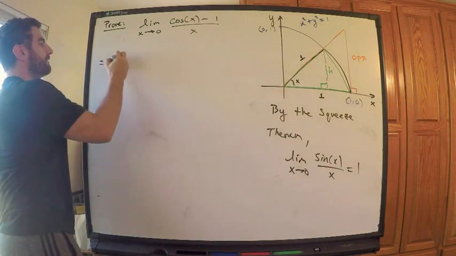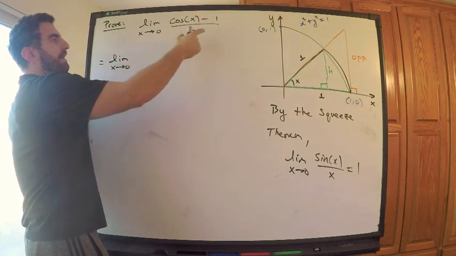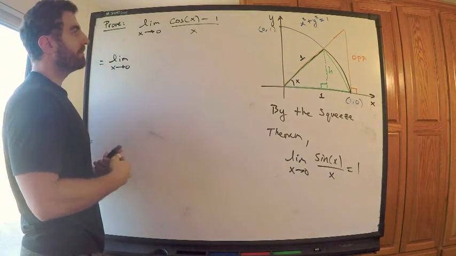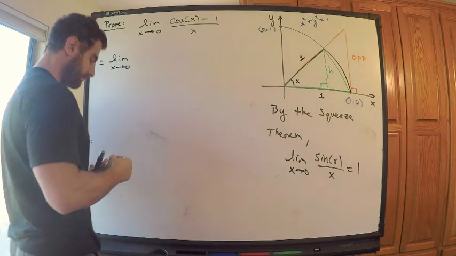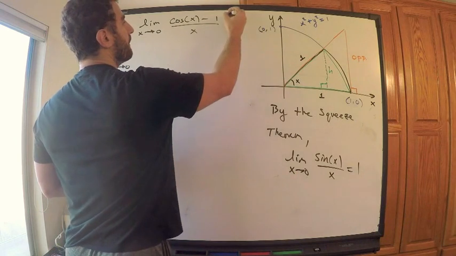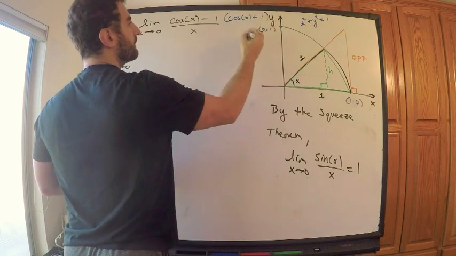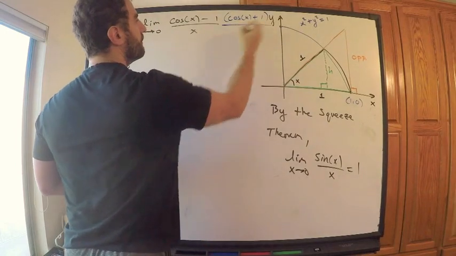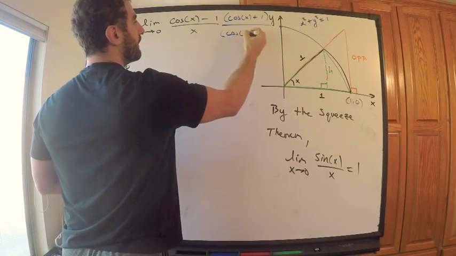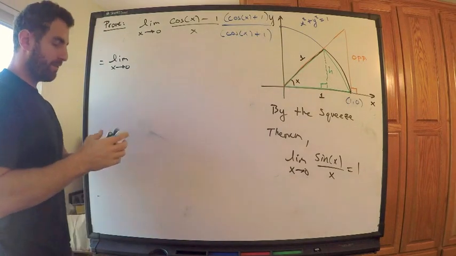This is equal to the limit as x approaches 0. I'm going to multiply numerator and denominator by cosine x plus 1 over cosine x plus 1. Perfectly legal, multiplying by 1. Why would I do this?